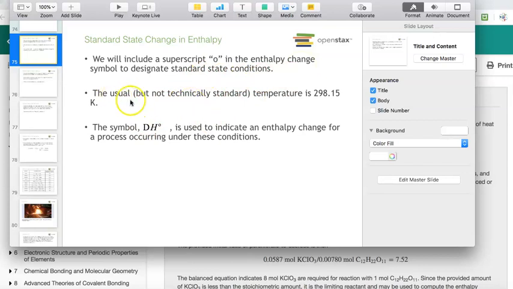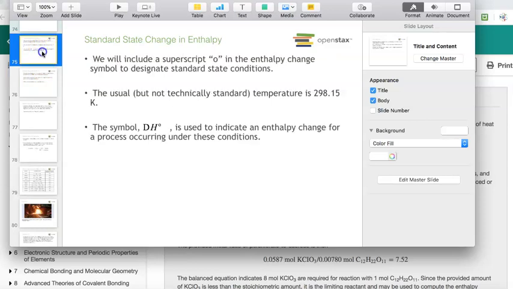The usual but not technically standard temperature is 298.15 Kelvin. That's the temperature at standard state. The symbol delta H with the little 0 as a superscript is used to indicate the enthalpy change for a process occurring under these conditions.